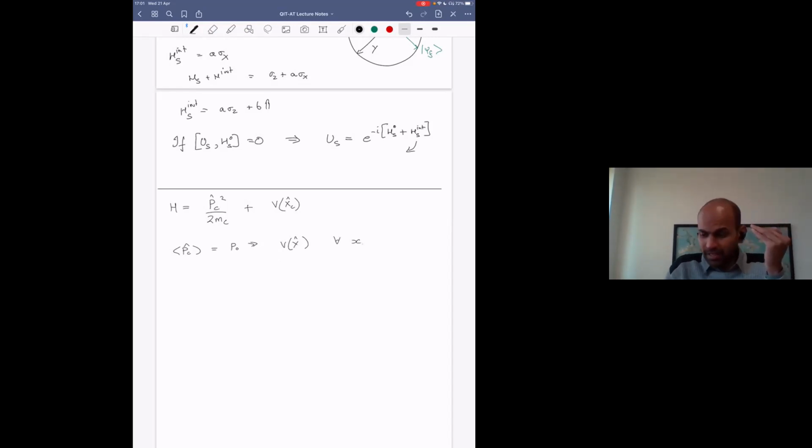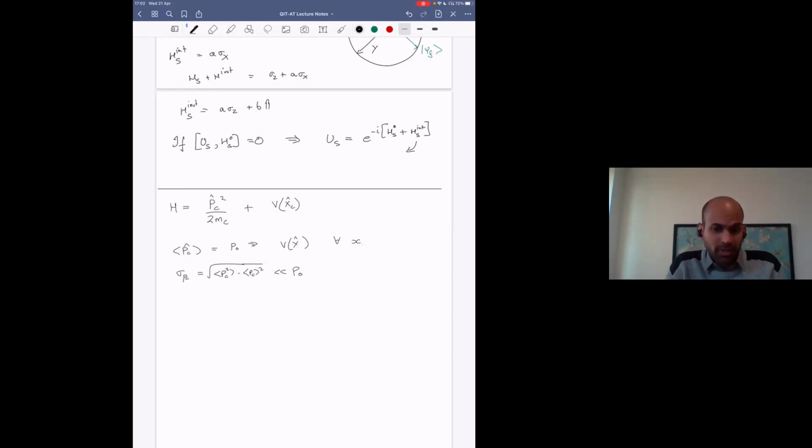So this is just to say that the initial momentum is much larger than the potential that it sees. Also, we want that sigma P_c, which is the square root of the expectation of P_c squared minus the square of the expectation of P_c, so this is just the uncertainty in the momentum, is also much less than P_0.